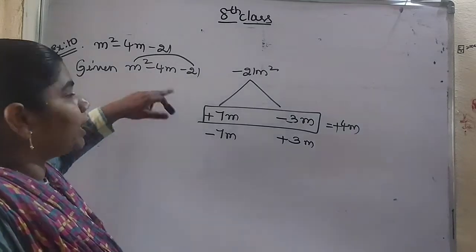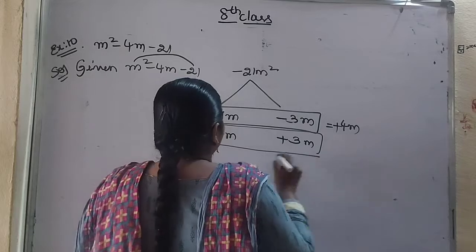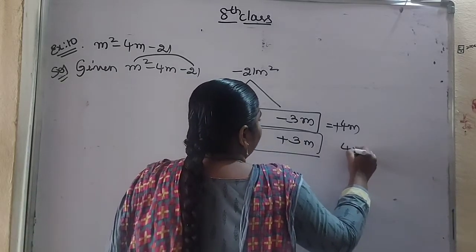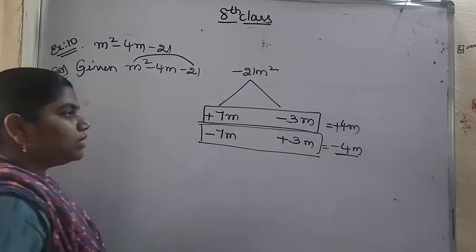But here you have the minus sign, so minus into plus is minus, 7 minus 3 is 4m, and the bigger number's sign is minus. So you get minus 4m.